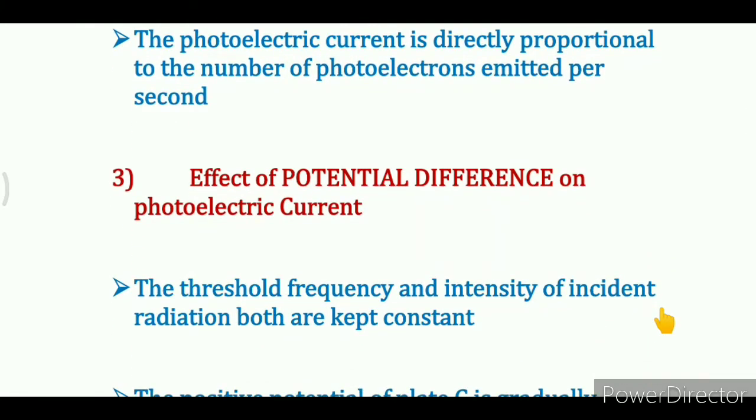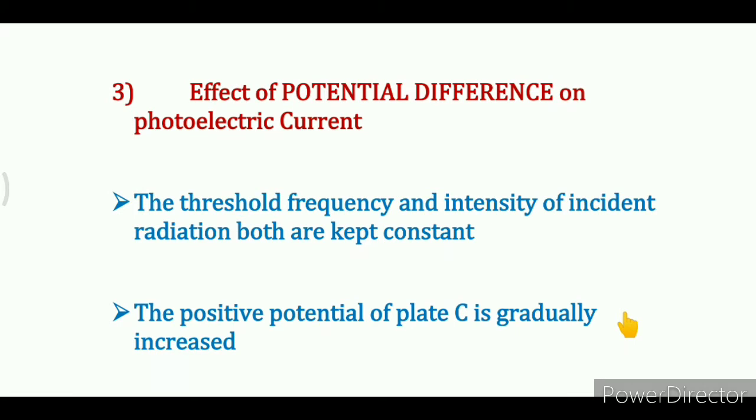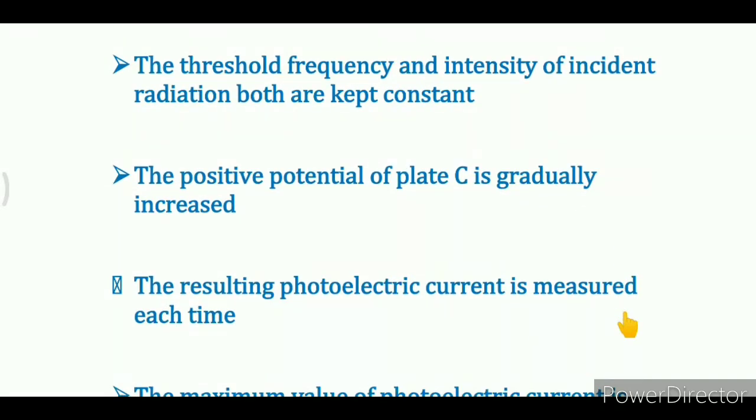Here we keep the frequency and the intensity of the incident radiation both constant, and gradually increase the positive potential applied to plate C. As discussed earlier, all the electrons are attracted towards the collector plate C, and the resulting photoelectric current is measured each time.